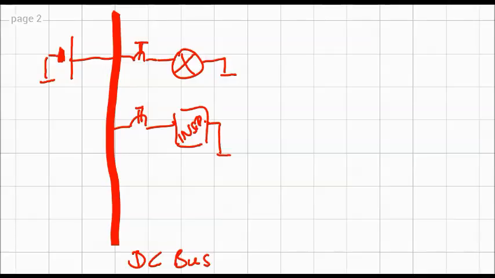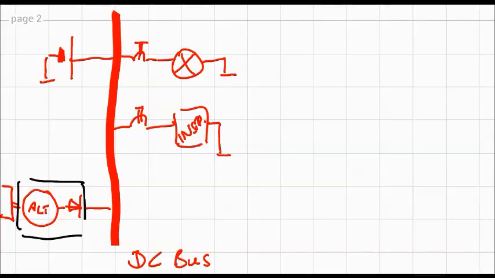So we need something to charge the battery, and we can go and use engine power, for instance. Drive an alternator, put a rectifier at the back of it, and supply the system. Now, as a footnote, we have an alternator with a built-in rectifier.